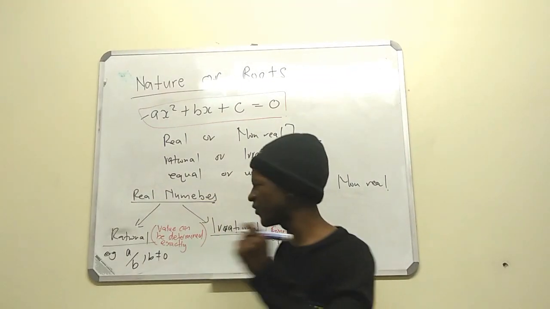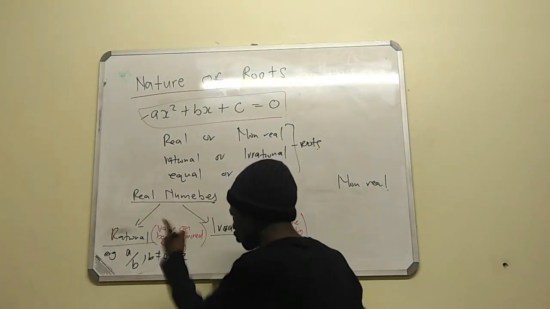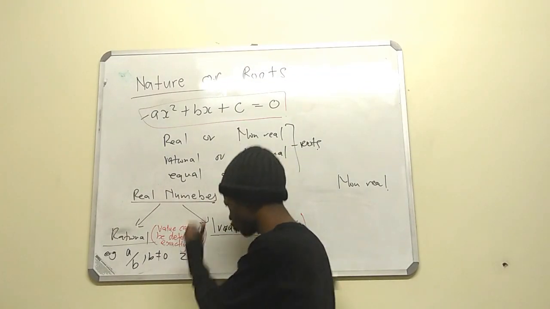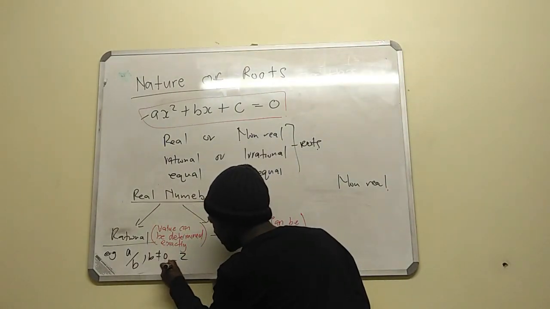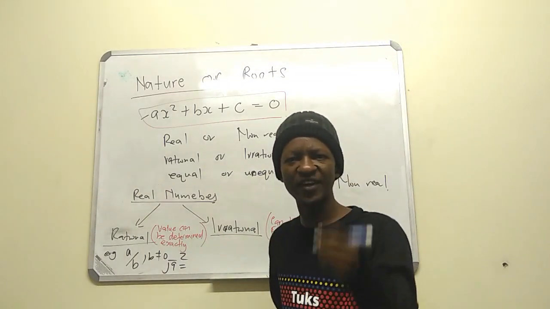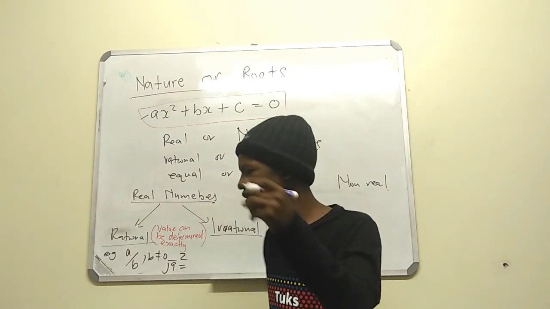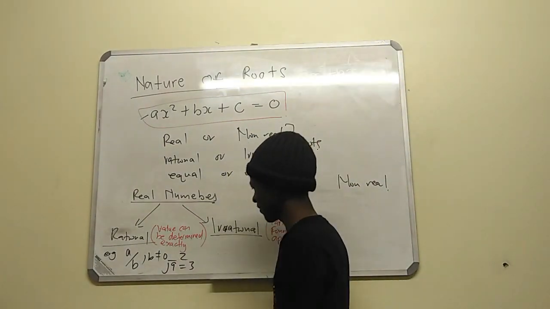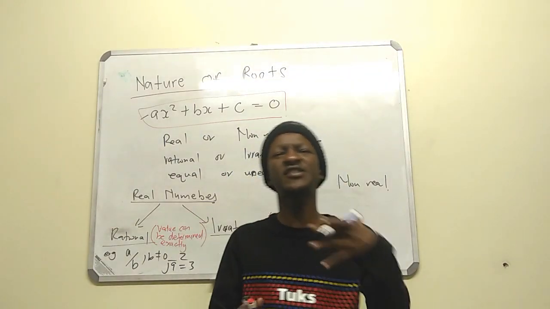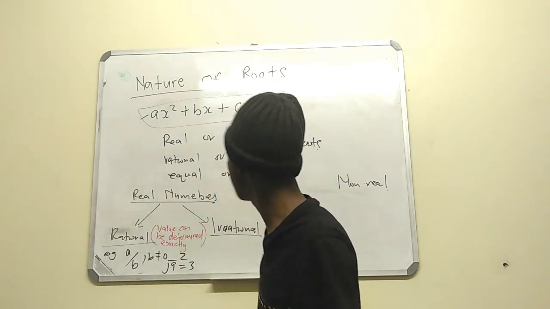We know the exact value. For example, 2 is a rational number because 2 is 2. The square root of 9 is also rational, because its exact value is 3. The square root of 16, we also know the exact value.